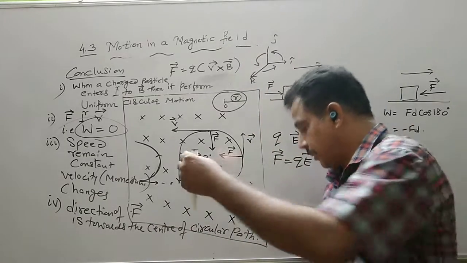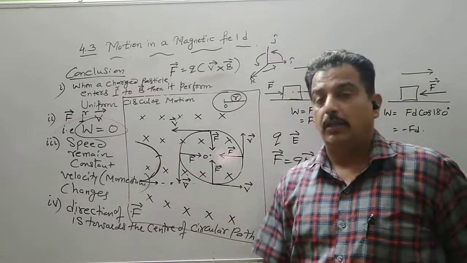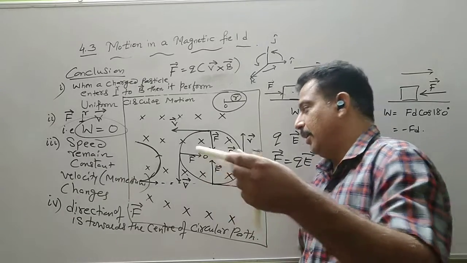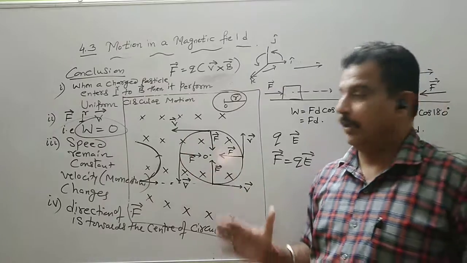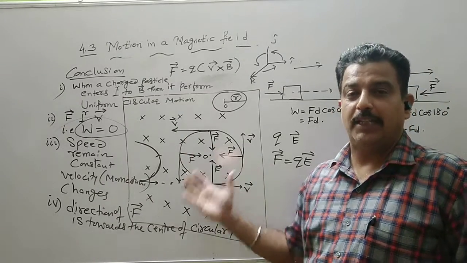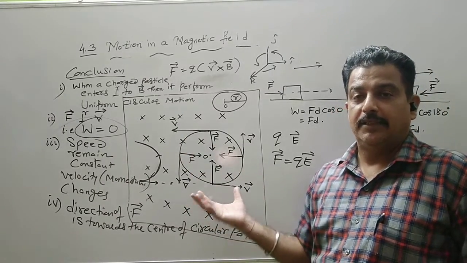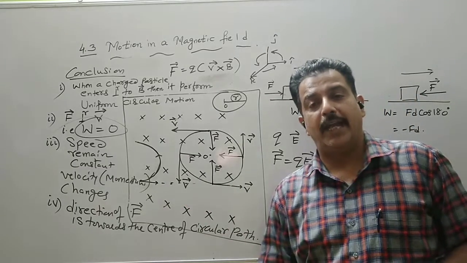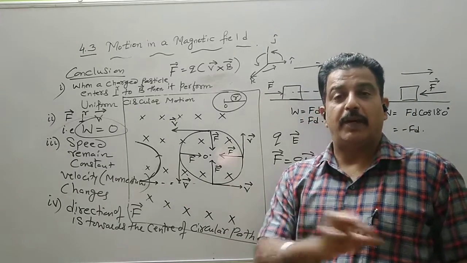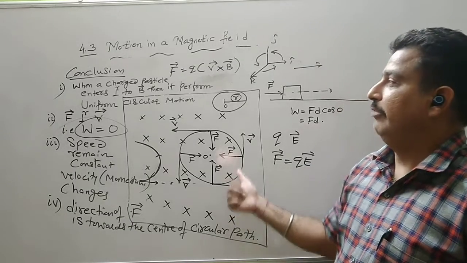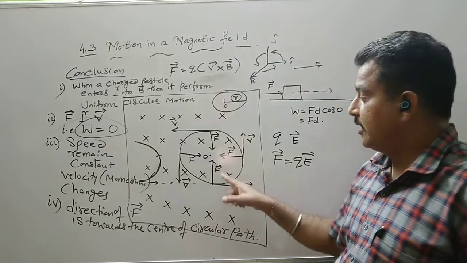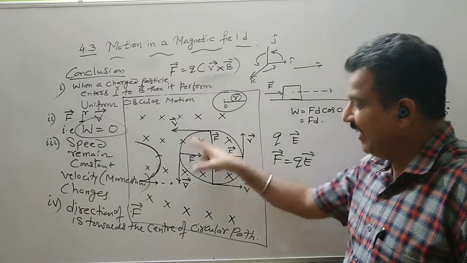Suppose the particle moves into the board, or comes out from the plane of the board, that is 180 degrees or 0 degrees, then no magnetic force will act, so the charged particle will not be deflected. And here, when it enters perpendicular, it is deflected at each and every instant.